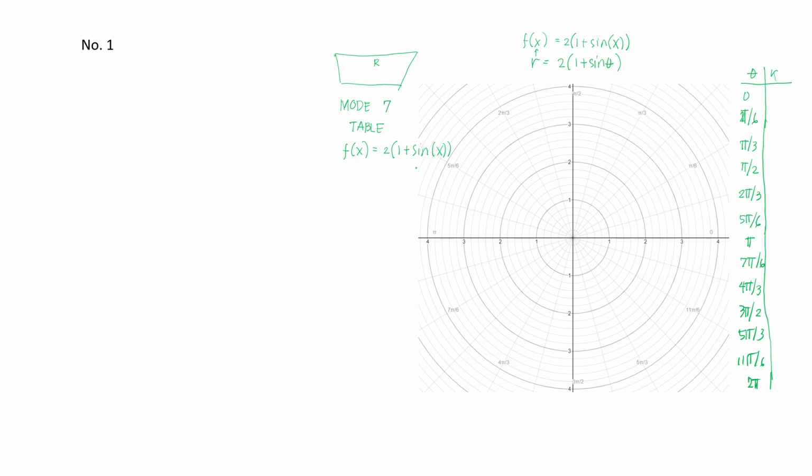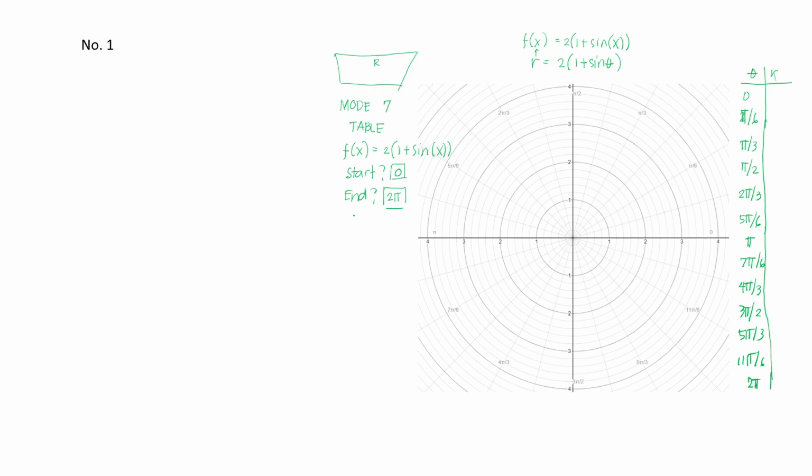After you have plugged in the equation, it is going to ask for a starting value. So start and then question mark. The starting value would be the angle 0, and then it would ask for an end. The end would be 2 pi, or 360 degrees.